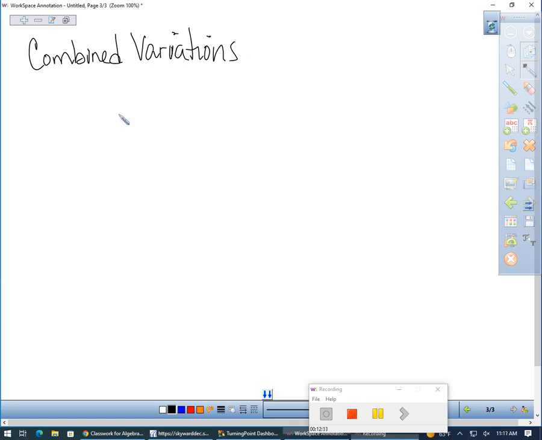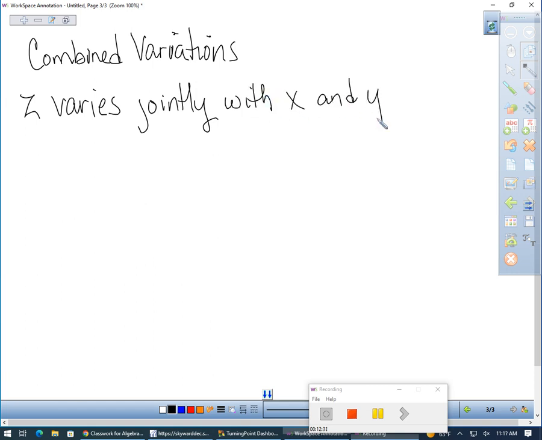So, for example, if it says something like z varies jointly, which means more than one thing is happening, with x and y. So the word varies means that we have to have that constant k. So I'm going to start off with z equals, we've got to have a k, and jointly with x and y, we're just going to put x times y.